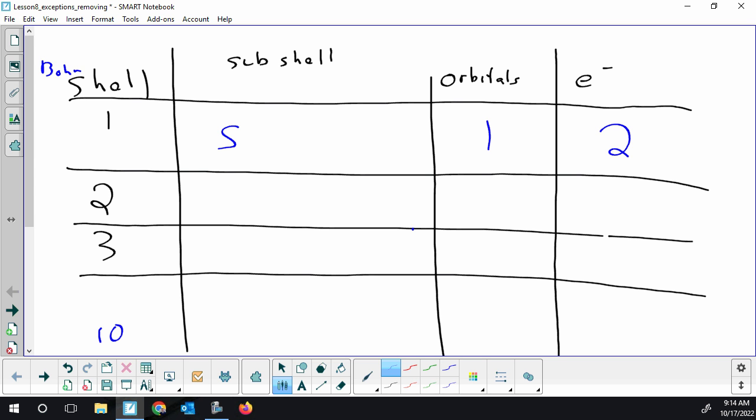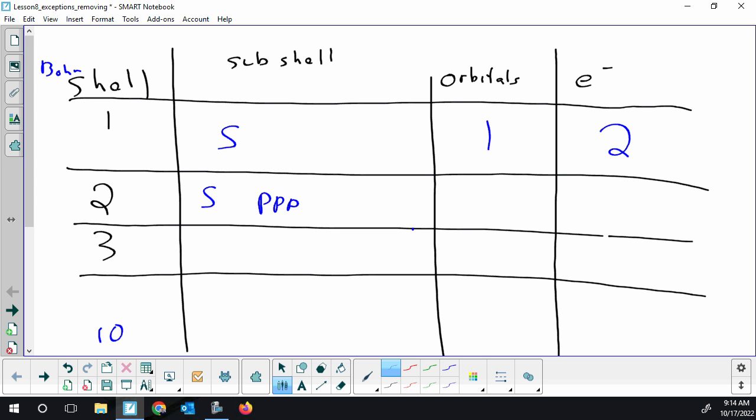For the second energy level, you can have an s orbital, and you can also have p's now, and there are 3 p's. It's 1, 3, 5, 7, that's kind of the shortcut. We learned all about quantum numbers, but you never really need to use them. You can just use the patterns.